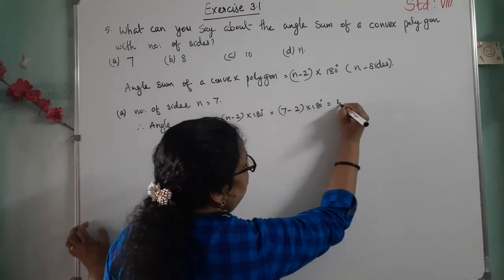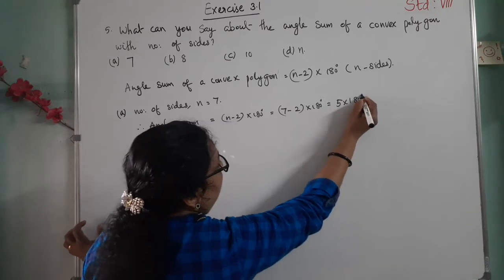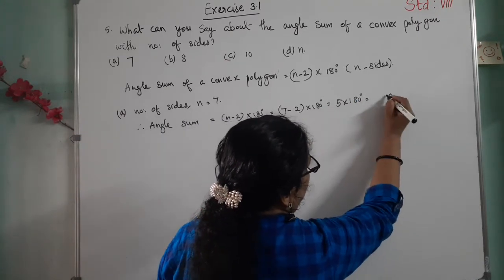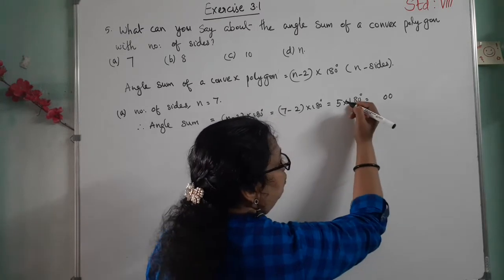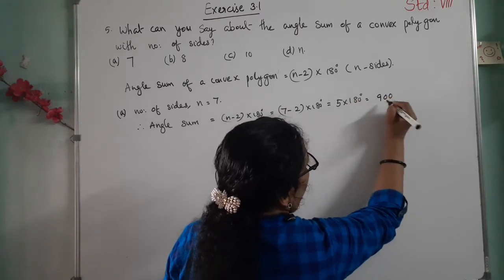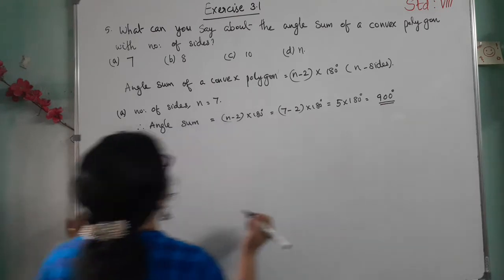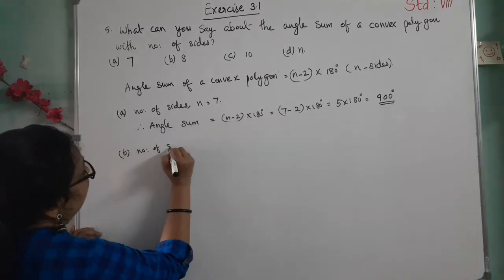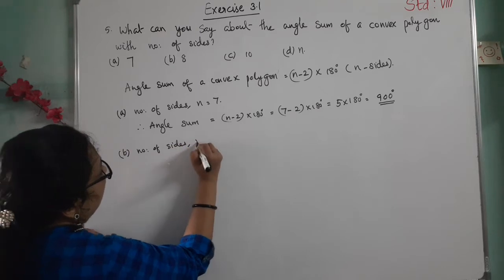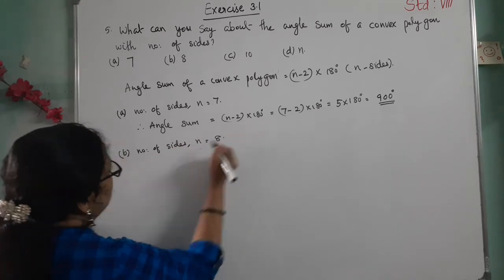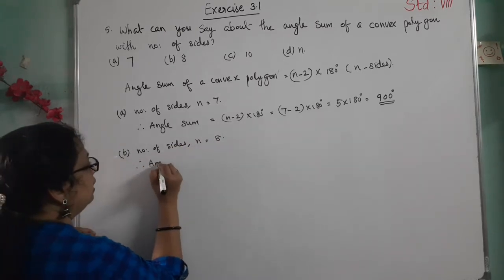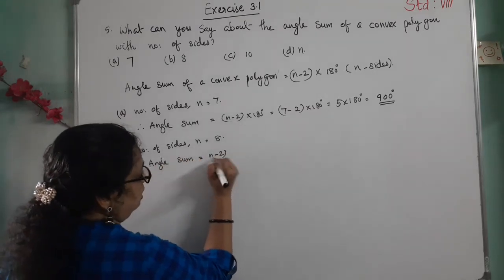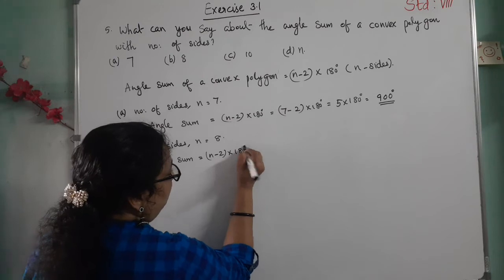7 minus 2 is 5, 5 into 180 degrees: 5 into 0, 0; 5 8s are 40, 4 carrying; 5 into 1, 5, plus 4, 9. That is 900 degrees. Then second question, number of sides n equal to 8. Therefore angle sum equal to (n minus 2) into 180 degrees.